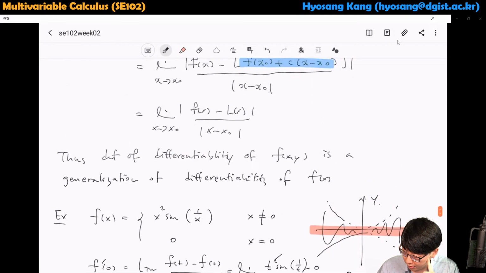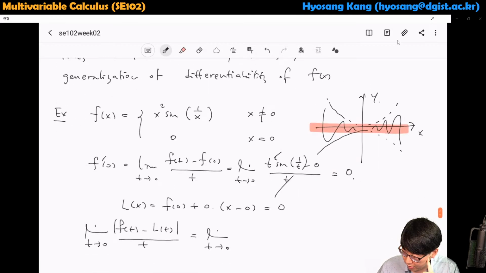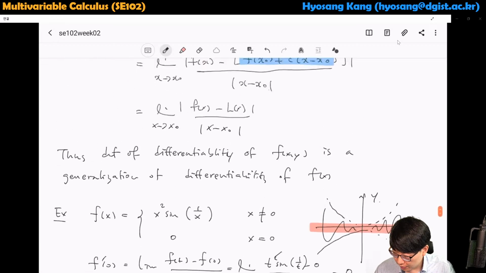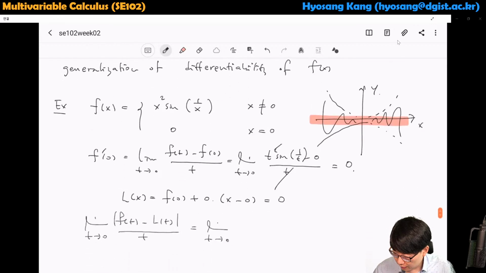Wait, sorry, I want a non-example here. So if I do this, then I get t squared sine 1 over t minus 0, over t.